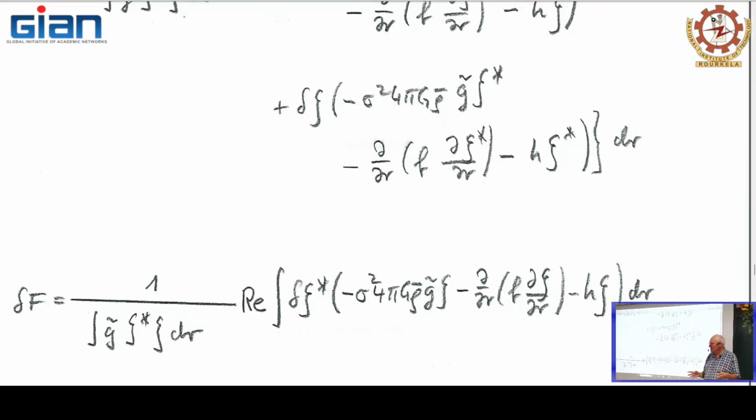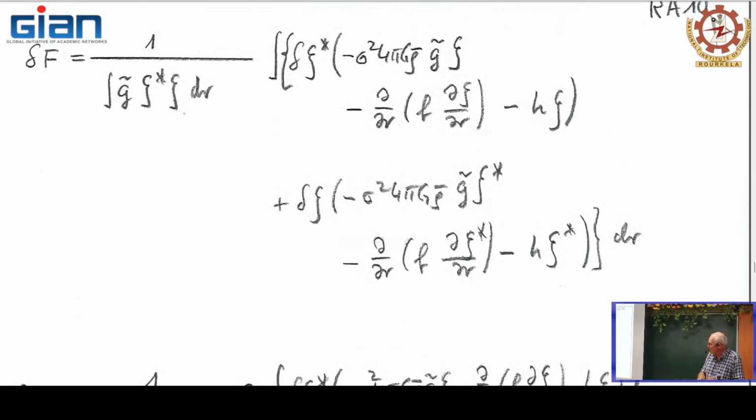So what we found is that the solution of the differential equation for linear radial adiabatic perturbations is equivalent to a local minimum. Delta f equal to 0 means this is a local minimum of the functional with respect to any admissible function zeta. Go back to the f.